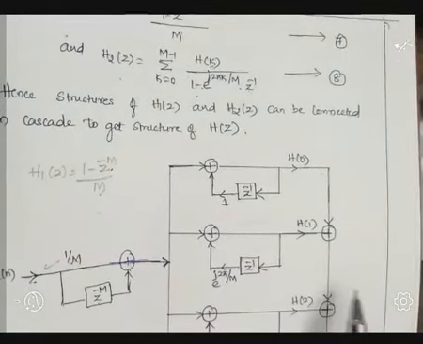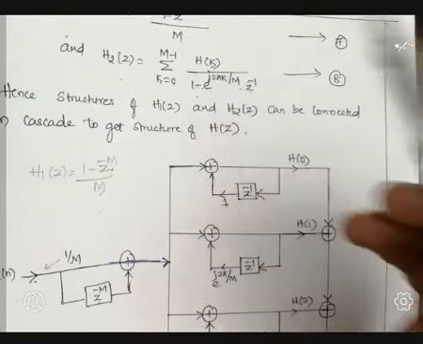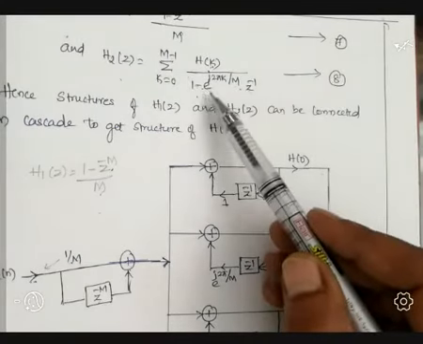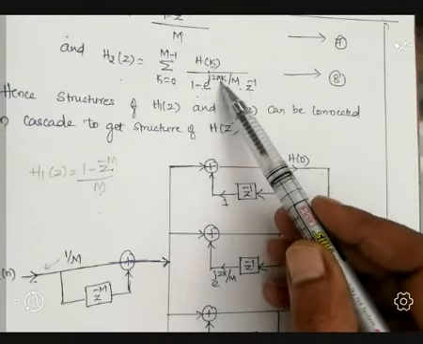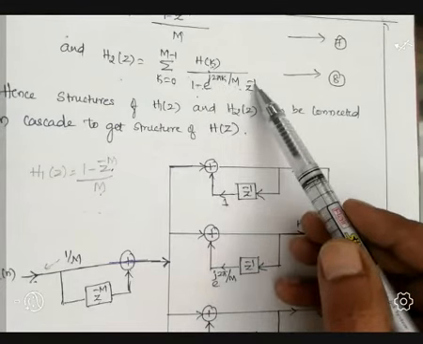Next, go for k equal to 1. If I go for k equal to 1, wherever k is there substitute 1, h of 1, then 1 minus e to the power j 2 pi by m multiplied by z to the power minus 1.